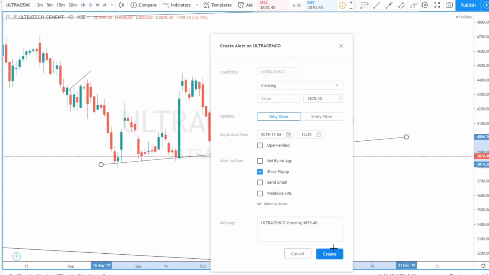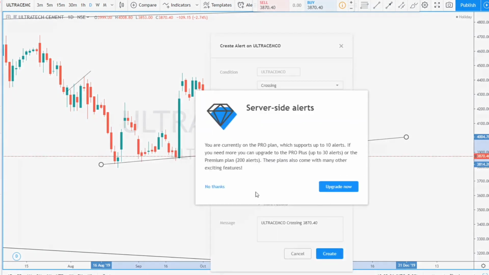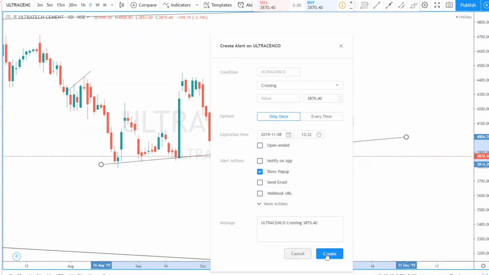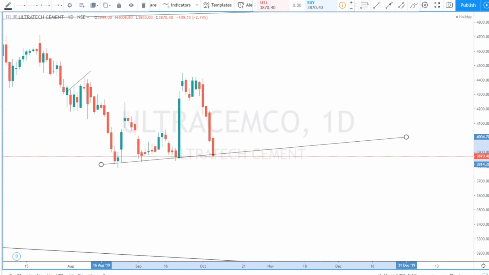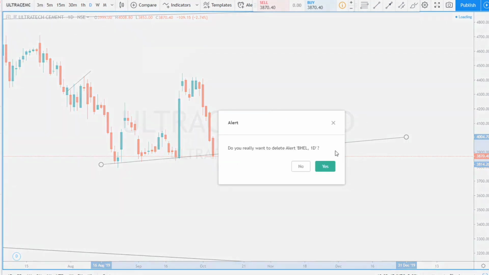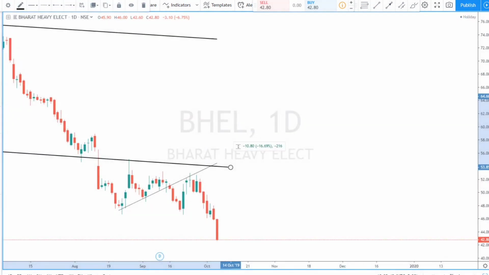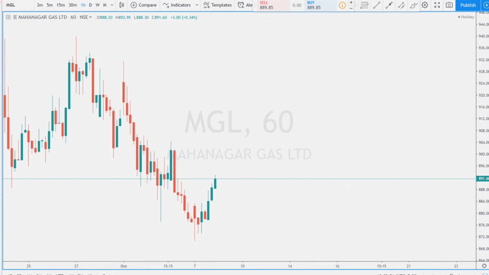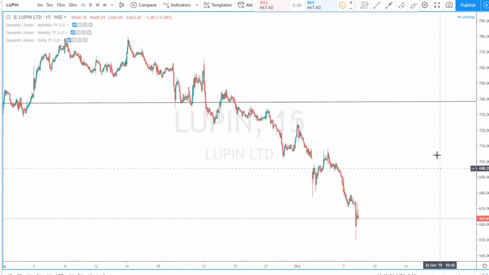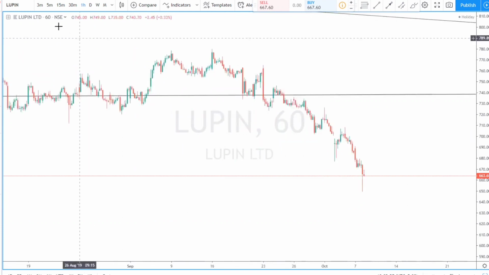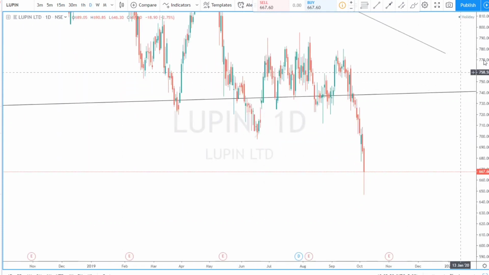Lupin, right? So in stock it was Ultratech Cement. There is an opportunity for us to trade here, this area, tomorrow.